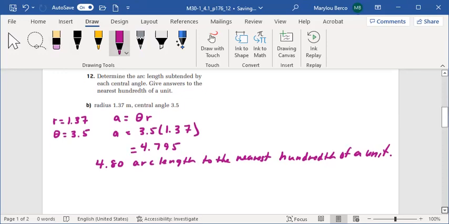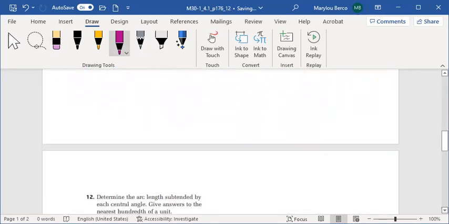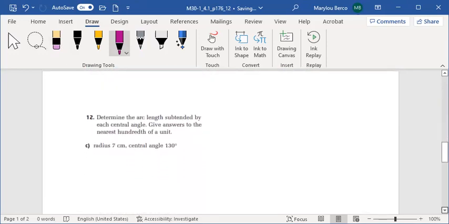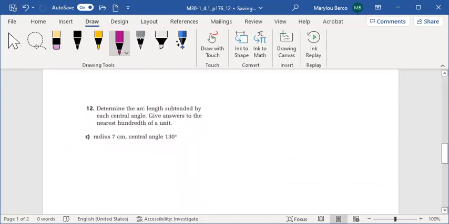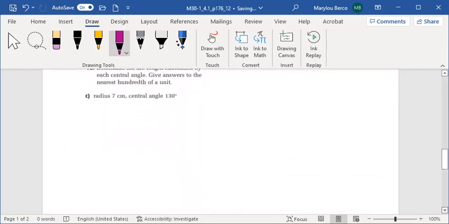KC. Well, we're going to use a proportion again. We have radius is 7 centimeters and central angle equals 130 degrees.